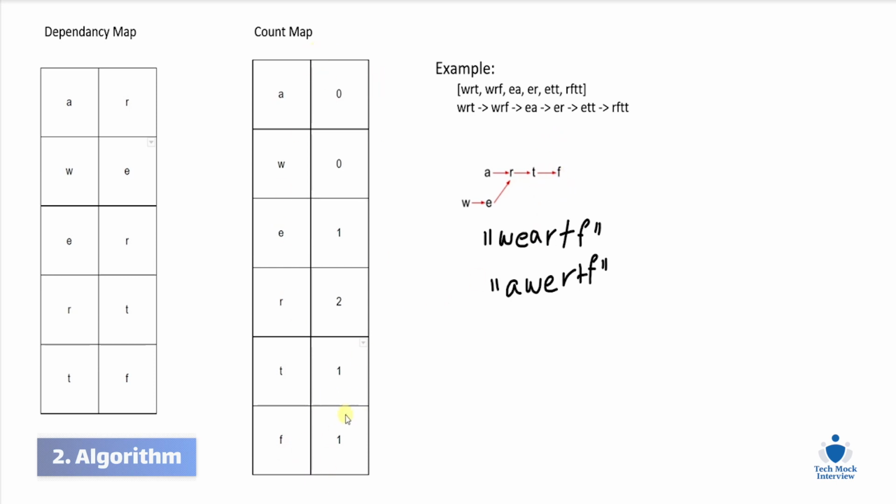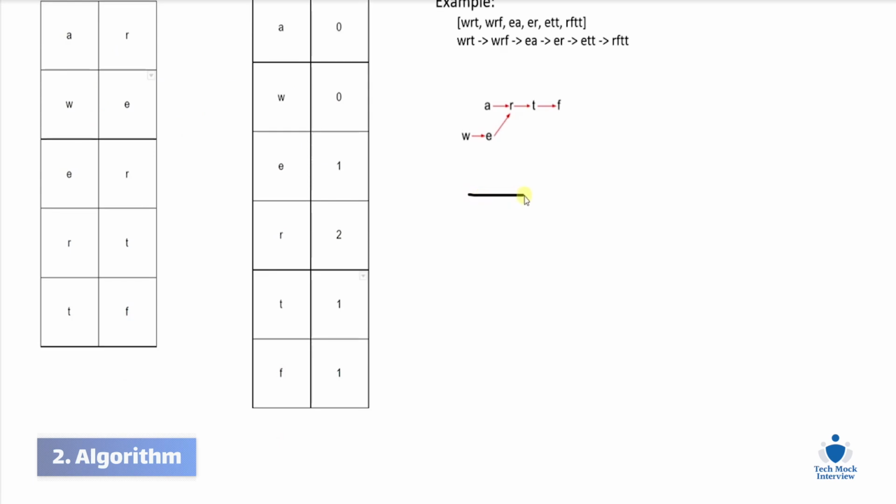Now what are we going to do with this count map? Keep in mind that we don't have this string yet. We want to find the strings from these 2 maps. Let me just erase this one. We don't have these answers right now. We want to find these. This is our solution. So we're going to use these 2, and we have a queue here.